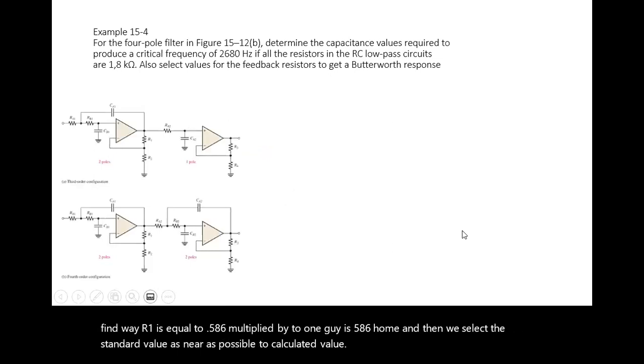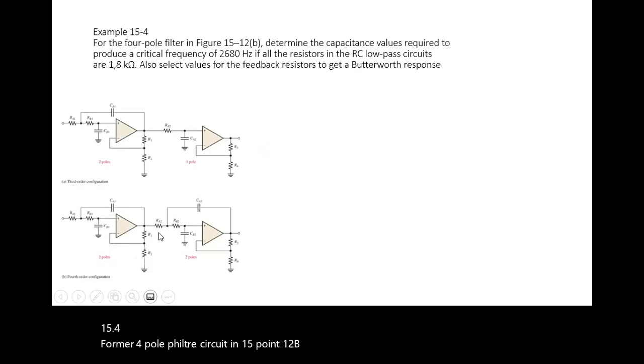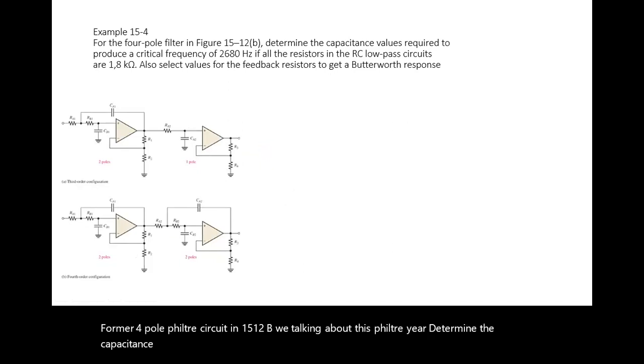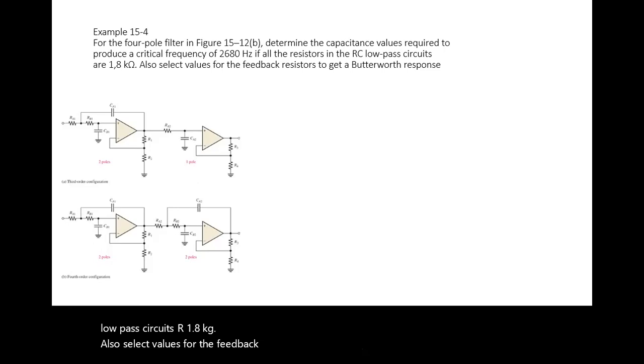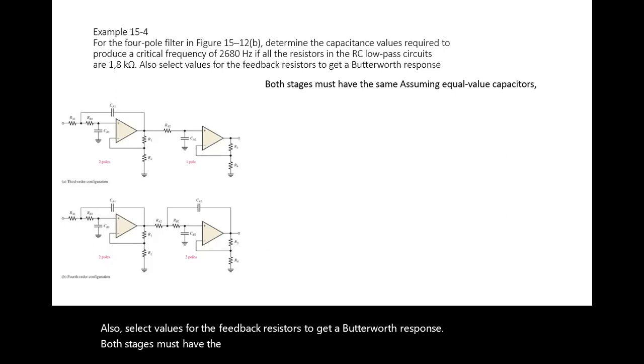Example 15.4: for the four-pole filter circuit in 15.12b, we're talking about this filter here, determine the capacitance value required to produce a critical frequency of 2680 Hz if all the resistors in the RC low-pass circuits are 1.8 kilo ohm. Also select values for the feedback resistors to get a Butterworth response. Both stages must have the same, assuming equal value capacitors.